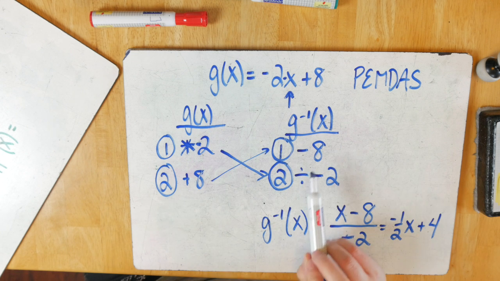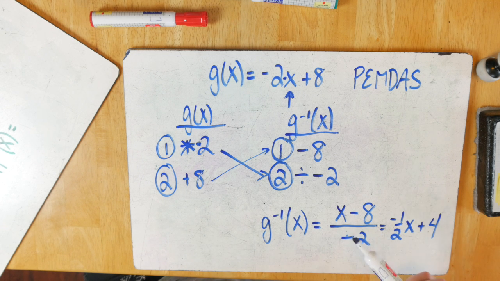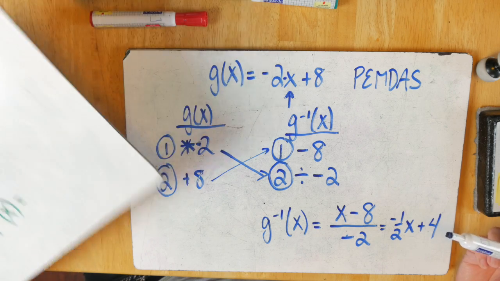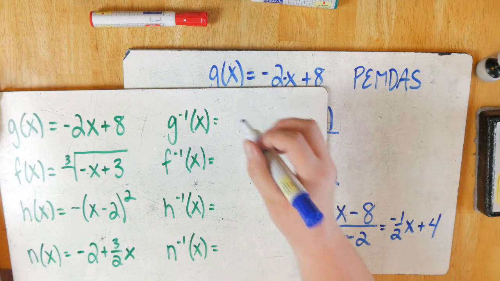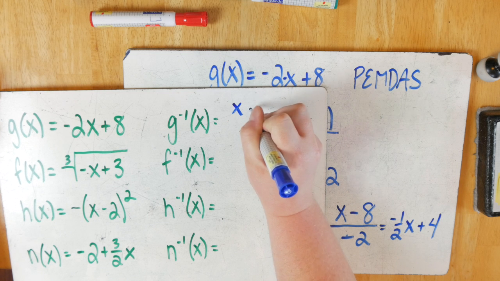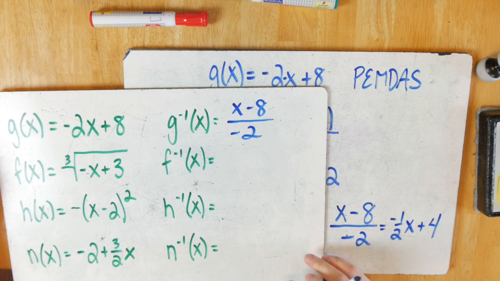We inversed and reversed those operations to get our inverse. So we're going to do more practice with the remaining three functions, but we have our inverse function of g of x is some input minus 8 divided by negative 2.